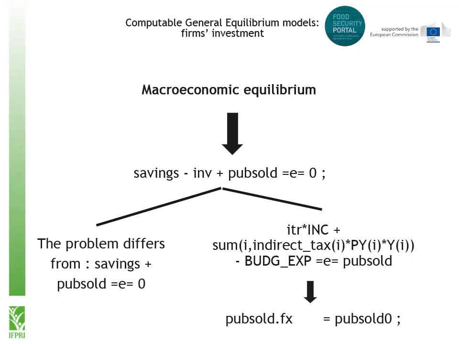This equation determines BUDG_EXP, that is to say public expenses. And so it means that public sold is constant, public expenses is determined by the budget constraint, and we've got the macroeconomic equilibrium condition that determines INV, the level of investment in the economy.